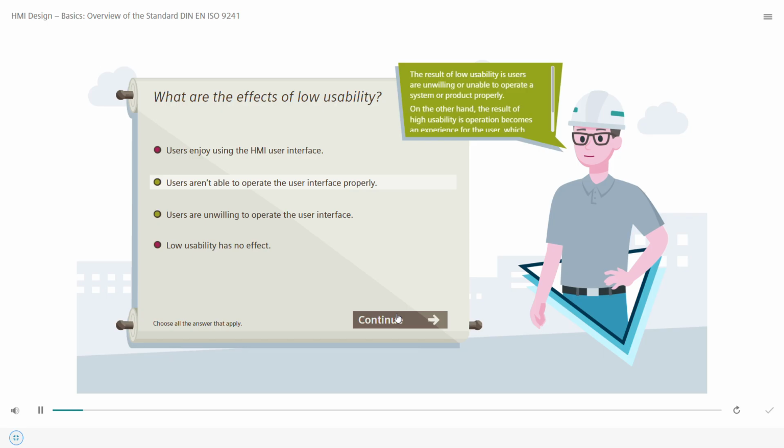The result of low usability is users are unwilling or unable to operate a system or product properly. On the other hand, the result of high usability is operation becomes an experience for the user, which makes operating sequences more effective.